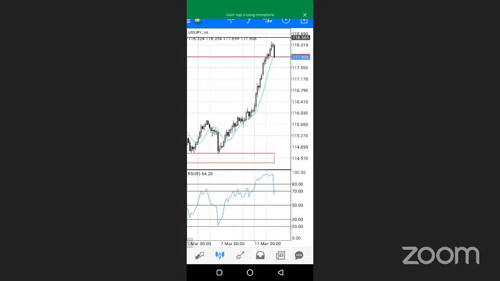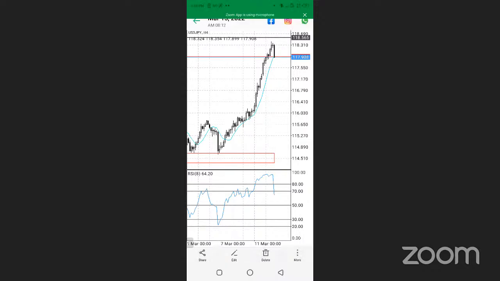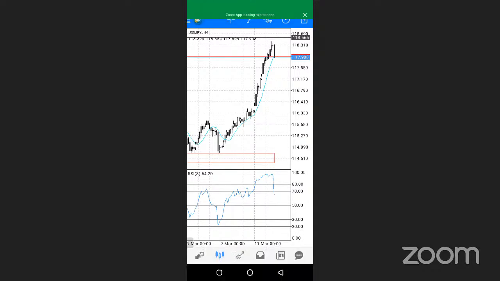I was expecting that when it gets there, I would sell, but I forgot about it while I was on another trade, and then this already happened. By the time I came back, it had come down massively like this. At this point, is it advisable to still take a sell, or just forget about it?